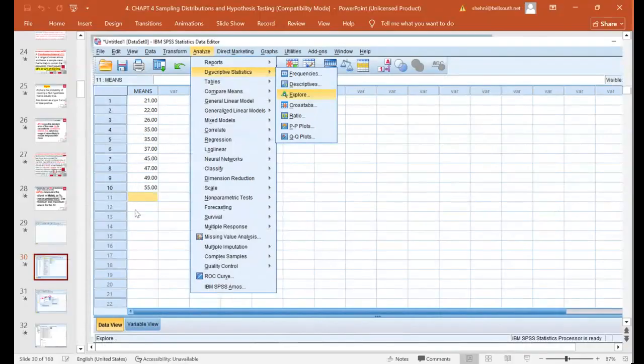Let's say we have 10 samples, and these are standardized tests, and it doesn't matter how many people are in each sample, but the mean or average for each sample is right there under the means. So this is how we perform it.